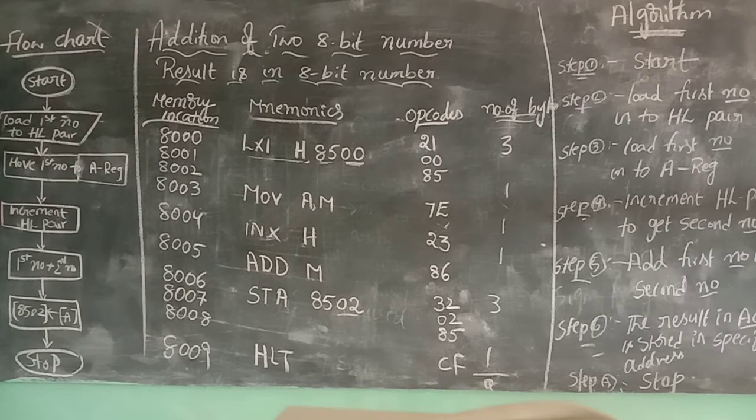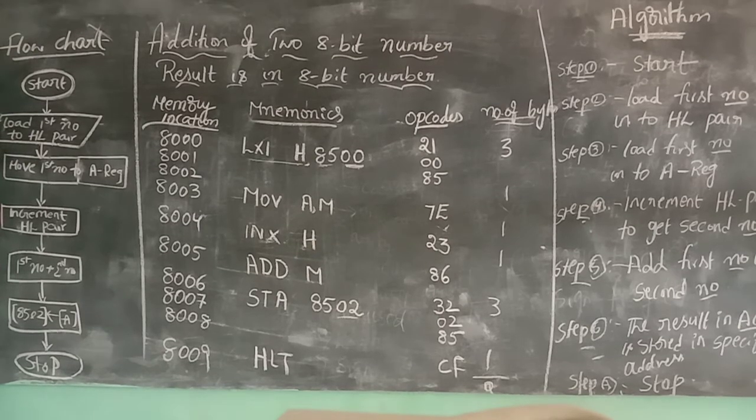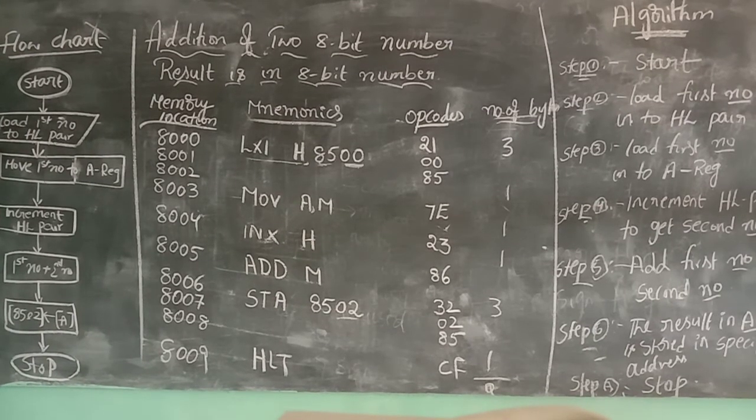Like this, you write the ALP program in 8085. And next, from this program only, we can see how to write subtraction of two 8-bit numbers. What is the difference?